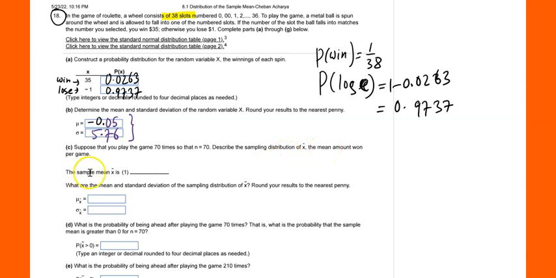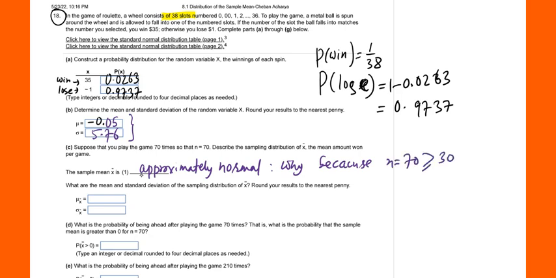The sample mean x bar is approximately normal. Why? Because look at the sample size. The sample size n equals 70, which is greater than or equal to 30, right? That's why we call it approximately normal.